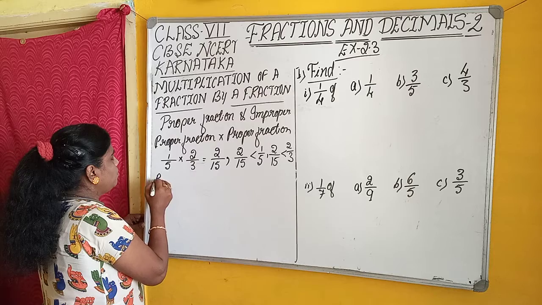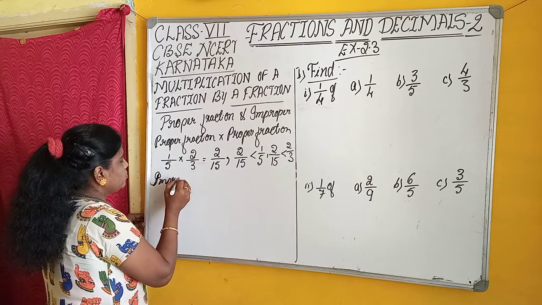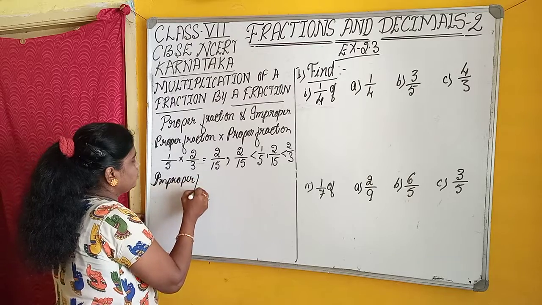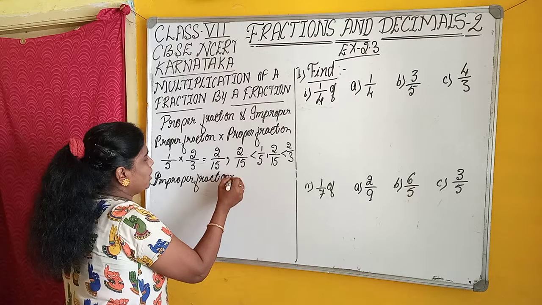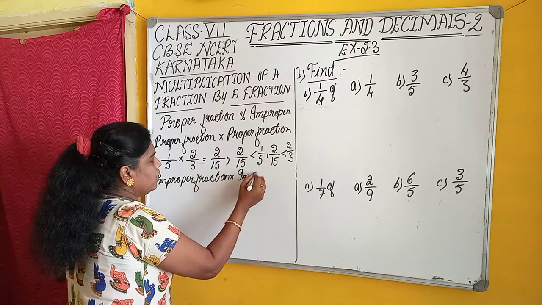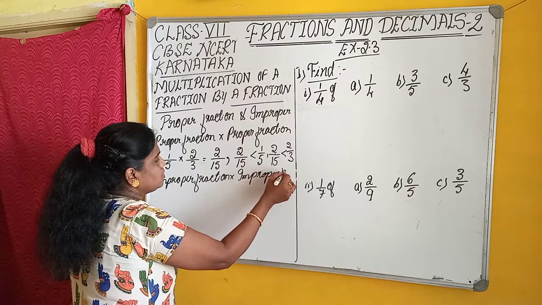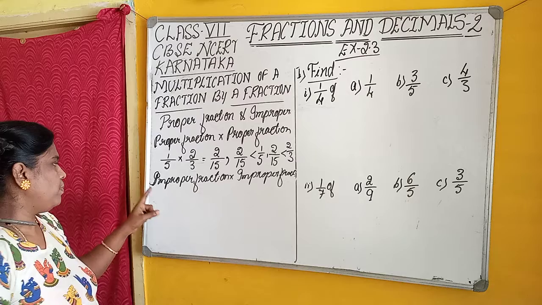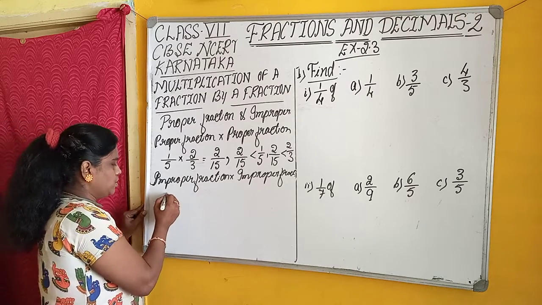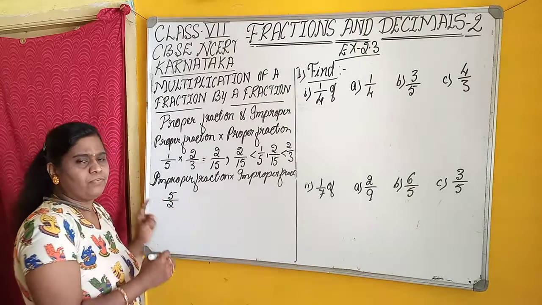What happens when an improper fraction is multiplied by an improper fraction? Let us study. Give an example for an improper fraction: 5 by 2 is an improper fraction.